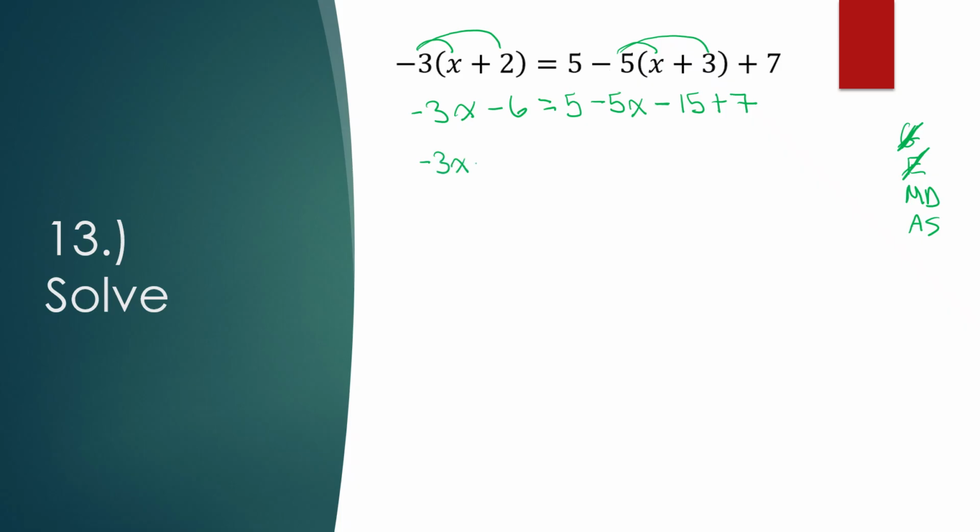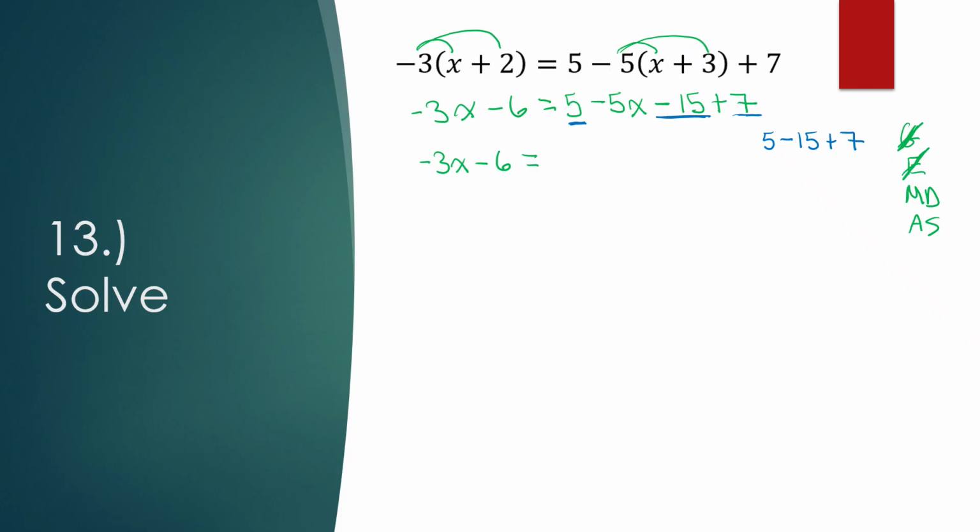Negative 3x minus 6 equals, all right, looking for like terms. I have these constants, and remember the signs in front of them go with them. So this is the same as 5 minus 15 plus 7, and that's what we need to simplify.